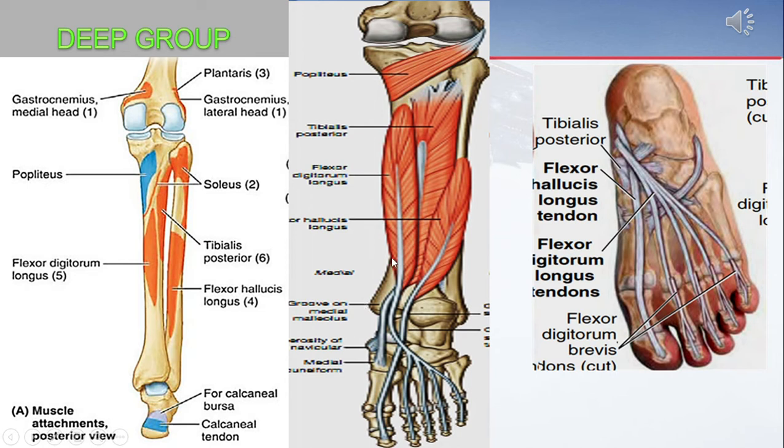Then from the medial part of the posterior surface, the flexor digitorum longus is going to take origin, and then the tendon is going to cross from the medial side towards the lateral side here, and then it is going to divide into four tendons which are inserted on the plantar aspect of the bases of the distal phalanges of the lateral four toes.